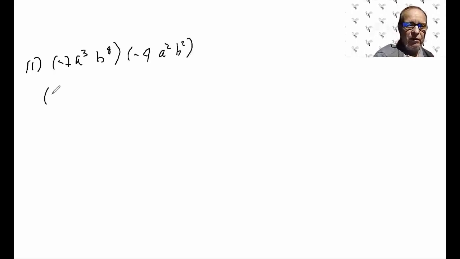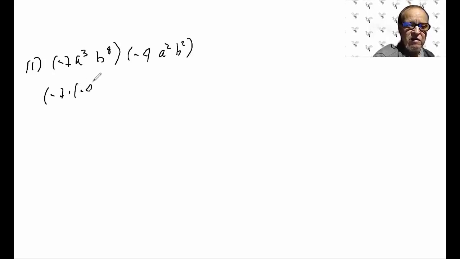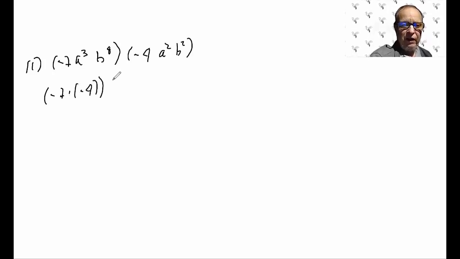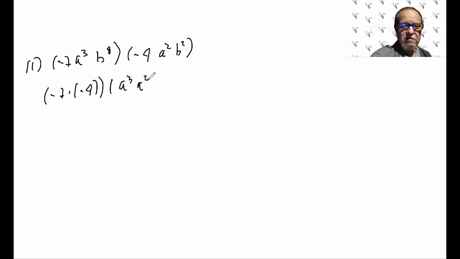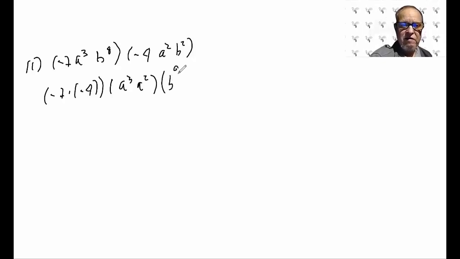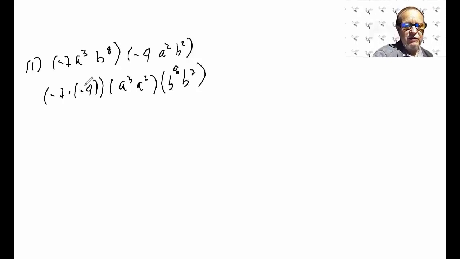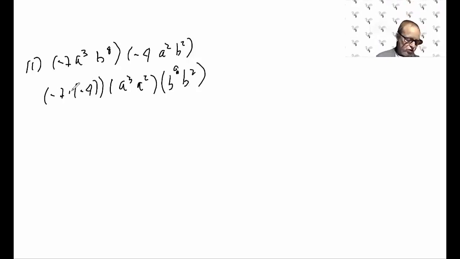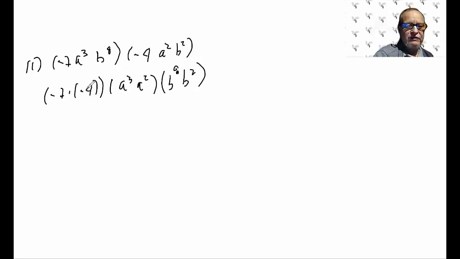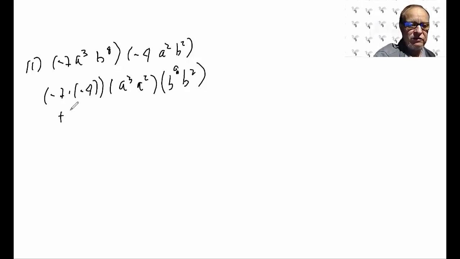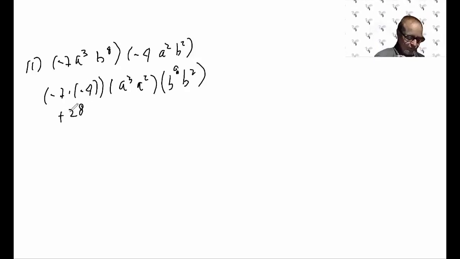So again, I'll put my numbers in one bracket, and I'll put my a's in another bracket, put my b's in another bracket, and now I'm going to use my product rule for these two, but I'll just use regular multiplication here. And I find -7 times -4 is positive 28.